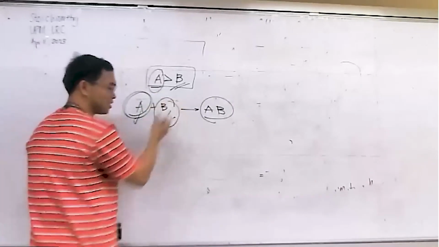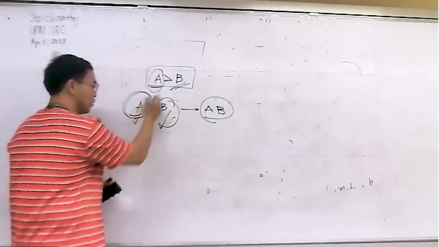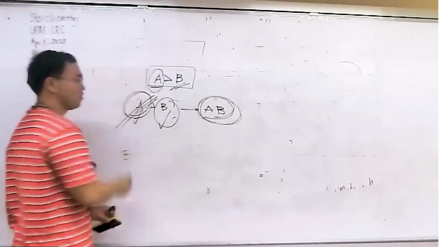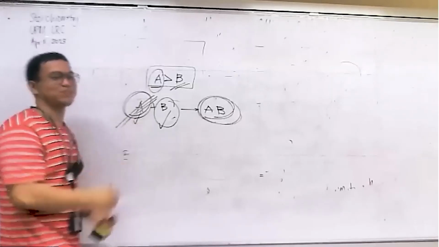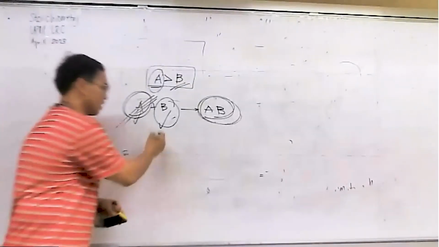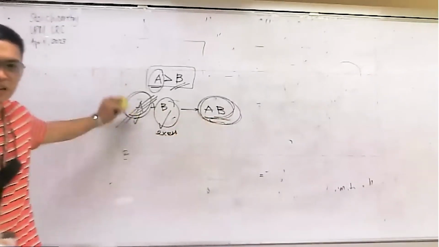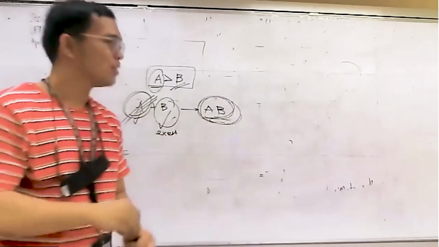Correct, B. Kasi, in a reaction, we want to fully consume A to produce ito. So we want to have excess of B to produce this. Para lahat si A, hindi sayang. Yan lang.